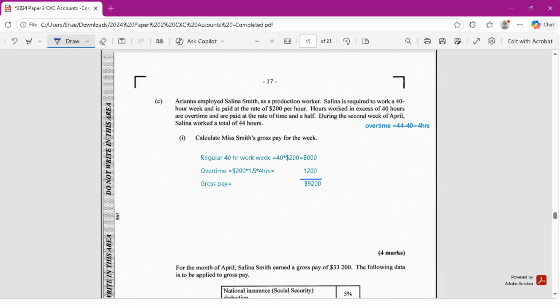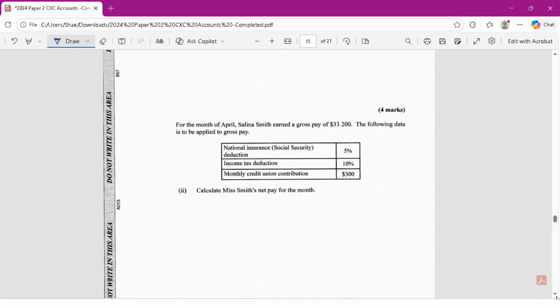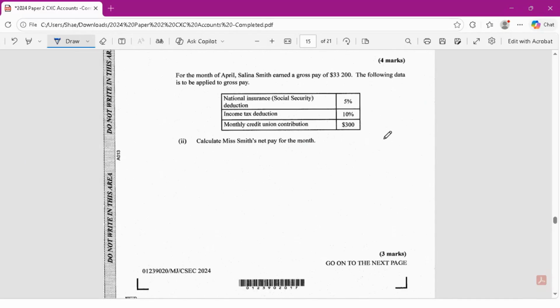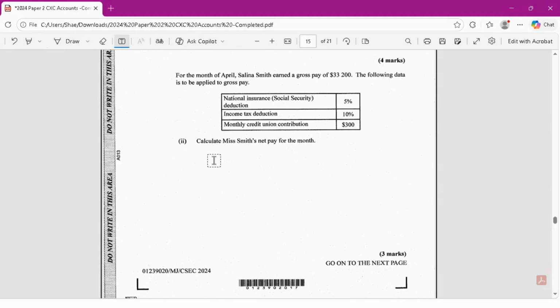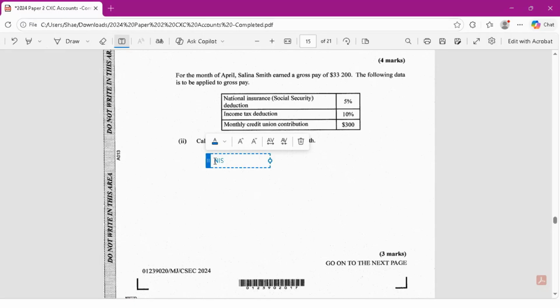For the month of April, Salina Smith earned a gross pay of $33,200. The following data is to be applied to her pay. Calculate Miss Smith's net pay for the month. So we are doing taxation. First thing we're going to calculate is NIS, which is equal to 5% multiplied by her 33,200.